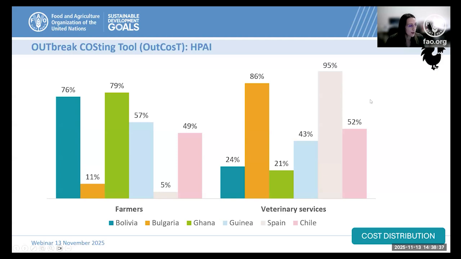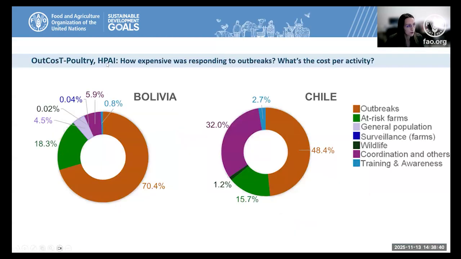So let's look at Bolivia and Chile. For these two, you can see that again, the majority of costs were for the farms that were affected by the outbreak.